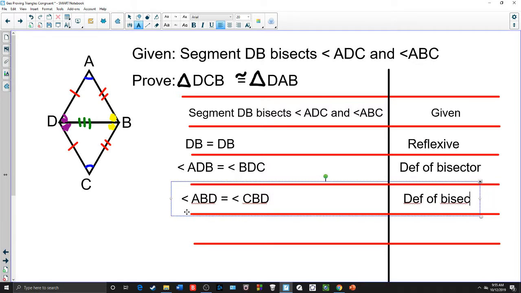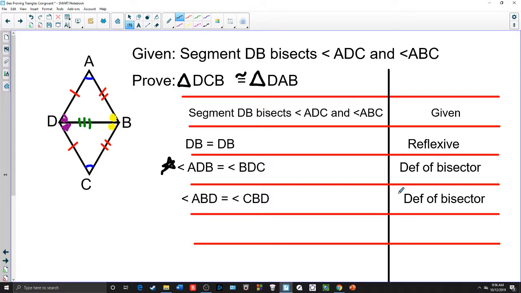Or you could use the fact that once we get to here, I'll make a mark there, we now have two angle pairs congruent. We have A and C congruent, and we have this angle and this angle congruent. Well, by the third angle theorem, if two pairs of angles are congruent, the last set has to be congruent as well.